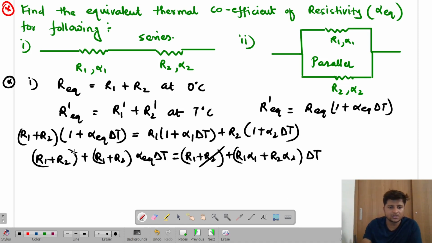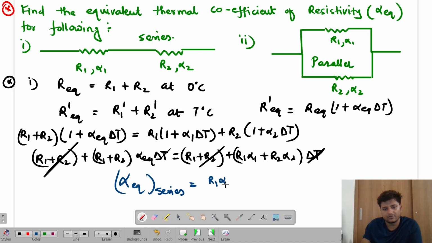So this and this got cancelled, delta T got cancelled, and I got my alpha equivalent in series, which is exactly equal to R1 alpha 1 plus R2 alpha 2 divided by R1 plus R2. Got the answer?